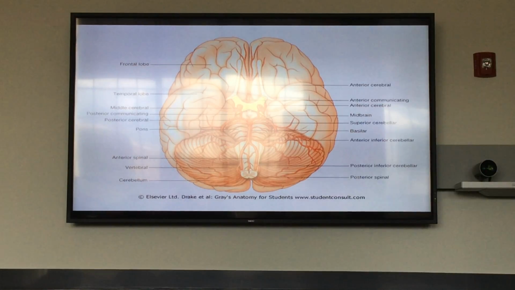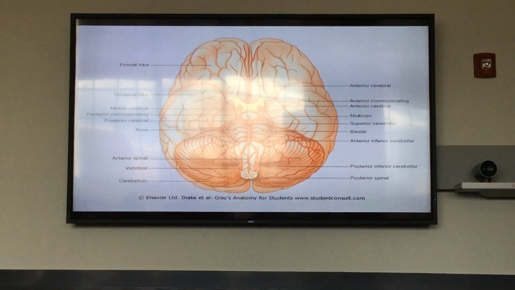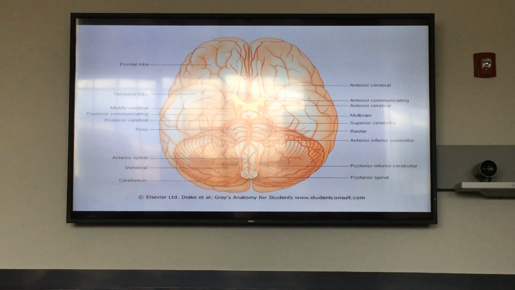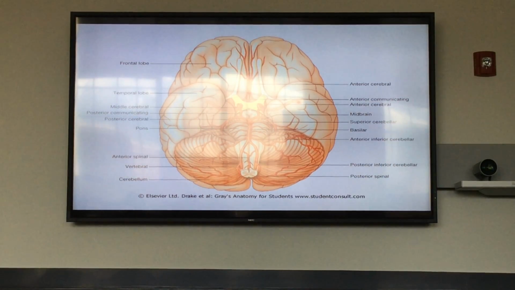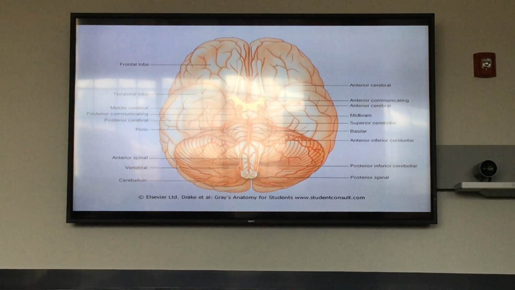And then it'll also give off a large lateral projection known as the middle cerebral artery, which will travel out and around to supply chunks of the temporal lobe as well as the lateral portions of the parietal lobe. The anterior cerebral will stay midline, okay? And it'll travel up and around the inside of the brain to eventually supply all structures along the midline.